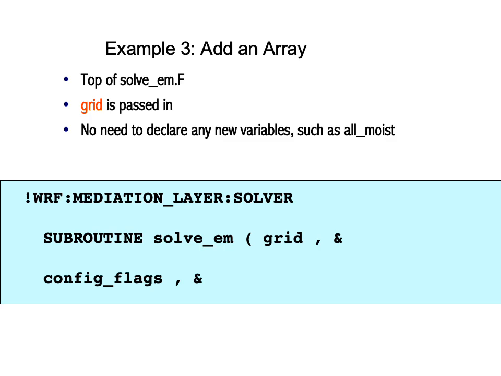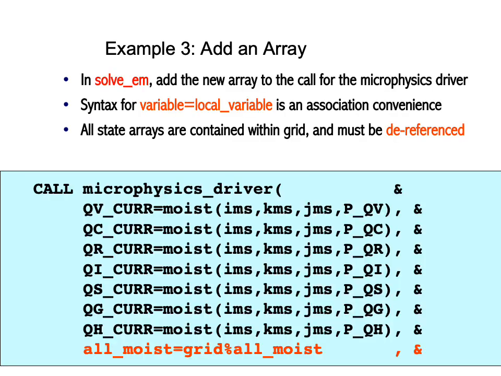There is a call to the microphysics driver, and in that microphysics driver, that's where we're going to dereference the all_moist variable. So the modern Fortran construct is grid % all_moist is the variable that's local to the routine that we're calling from, and the local name of the variable inside of microphysics_driver is going to be all_moist.